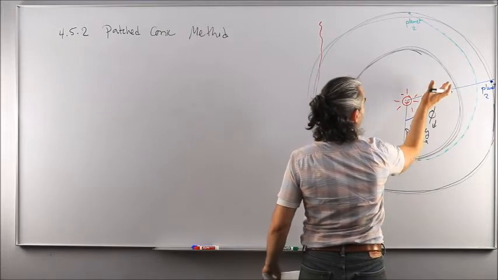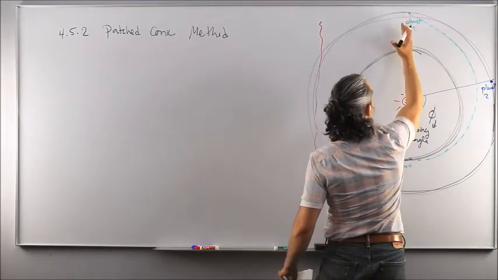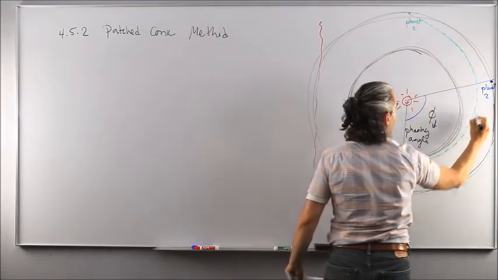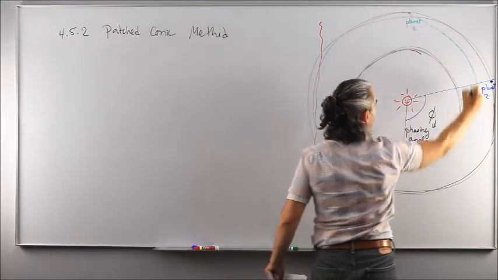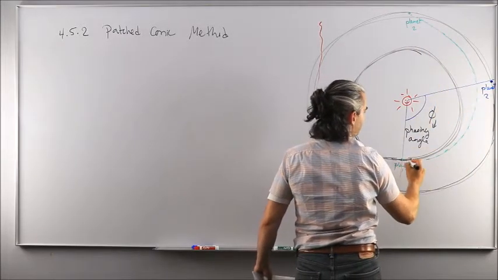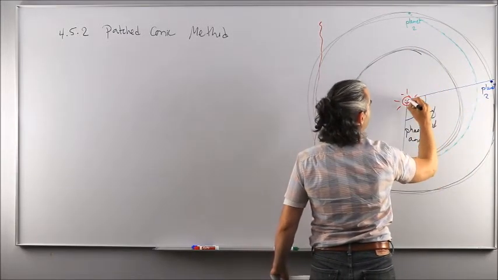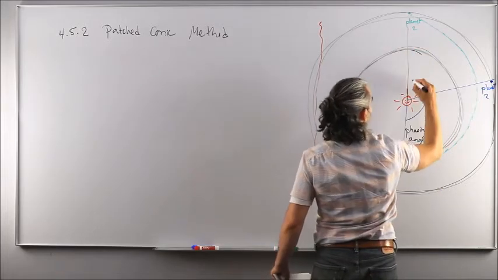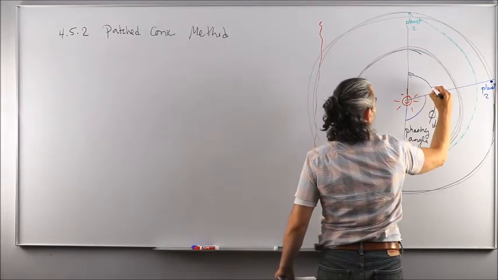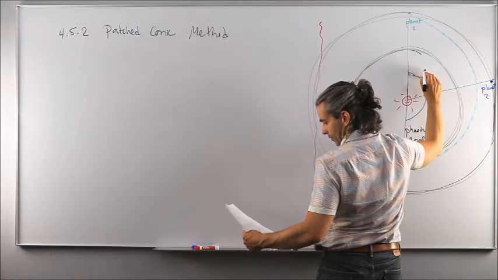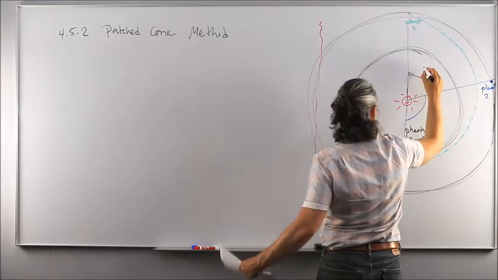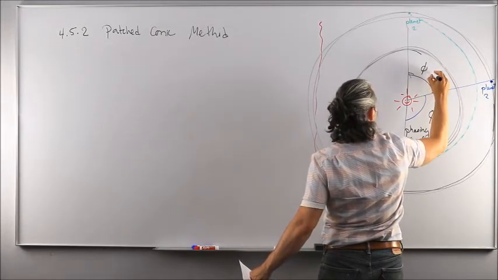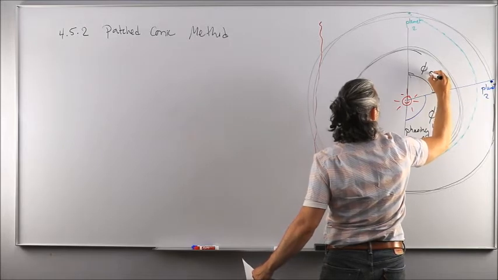And the amount that planet 2 has to cover during the time spent on the heliocentric elliptical transfer orbit is going to be denoted by phi subscript circle x.